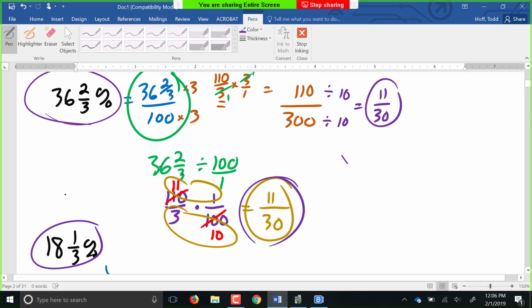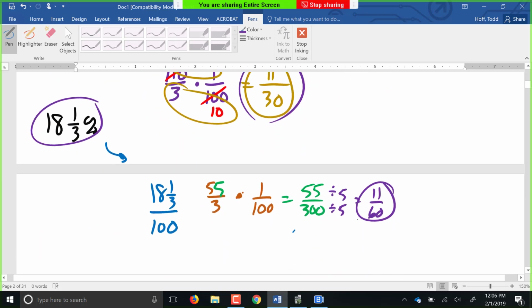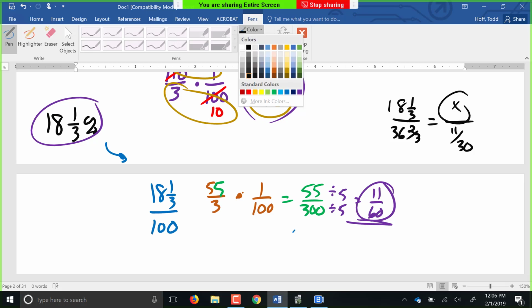If 36 2/3 is 11 out of 30, 18 1/3 is 11 out of 60. That is also where your ratio and proportion can come into it. If you wanted to, you could have done that as a ratio. 18 1/3 to 36 2/3 equals x over 11 30ths, you could actually cross multiply and divide to get that missing value.